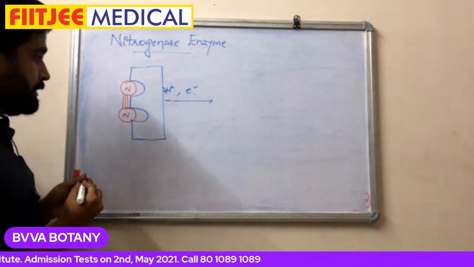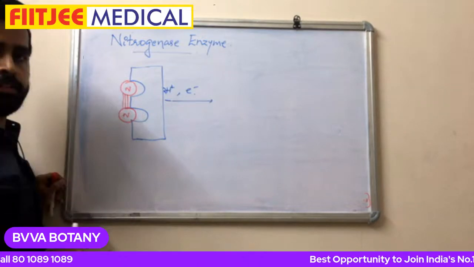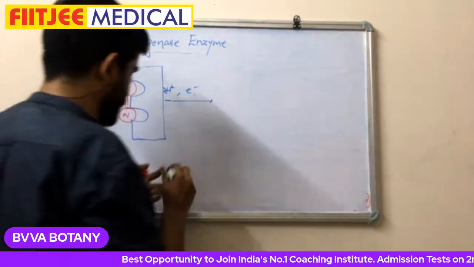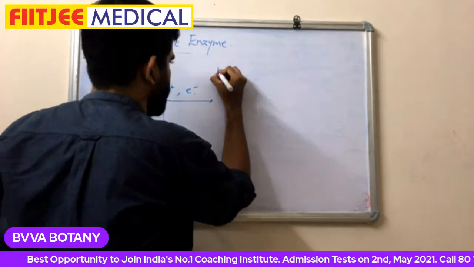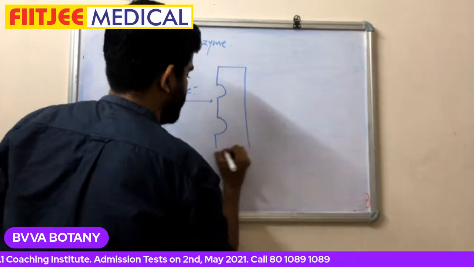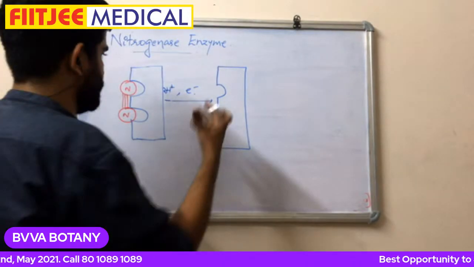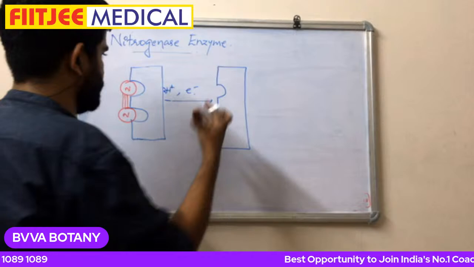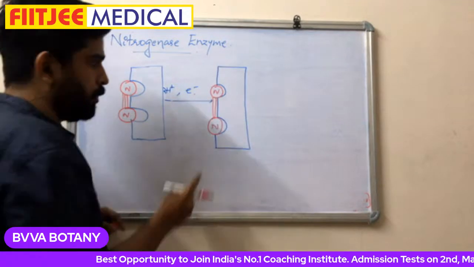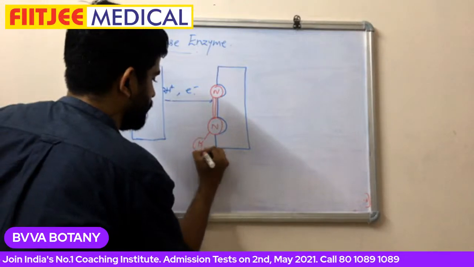As a result, one bond of the nitrogen is broken, and that will be occupied by whom? By hydrogen. So after that, the nitrogenase enzyme complex will be like this. Previously, how many bonds were there? Three bonds. Now that is taken by whom? Hydrogen.